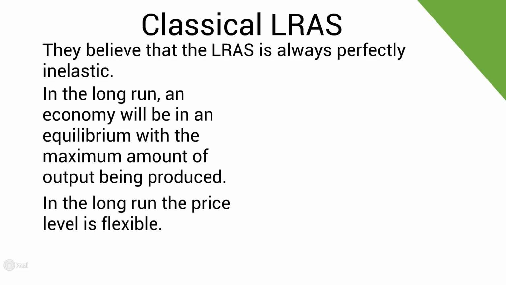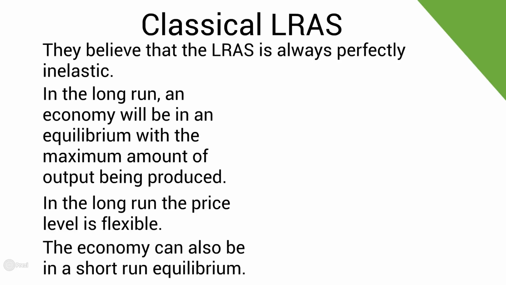They also believe that in the long run the price level is flexible, and the price level will change in order for the economy to be at an equilibrium where the maximum amount of output that the economy can produce is produced. In the classical view, an economy can also be in a short-run equilibrium. We'll explore this further later.